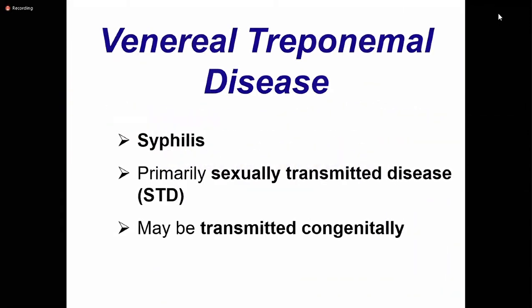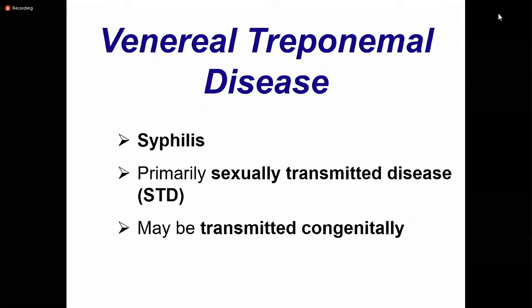Now, if we go to venereal disease, syphilis is a sexually transmitted disease. They changed the name, and I should change this in the PowerPoint. Now you will see in recent textbooks sexually transmitted infection, not STD. Now they call it STI, sexually transmitted infection.